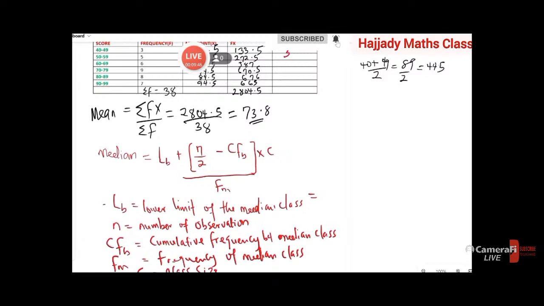Next we have 3 plus 5, right? We have 3 plus the next value, which is 5, and that is going to give us 8.